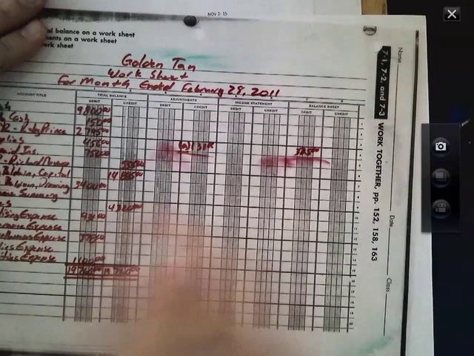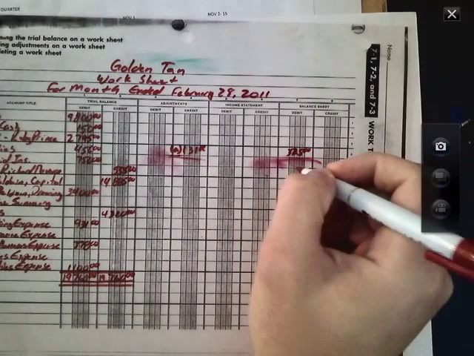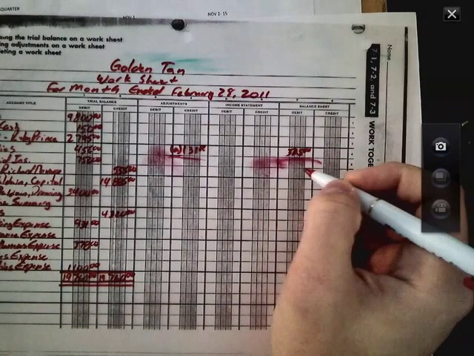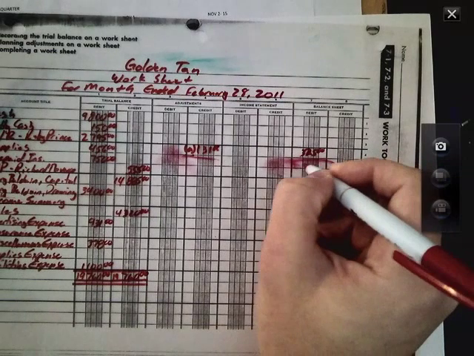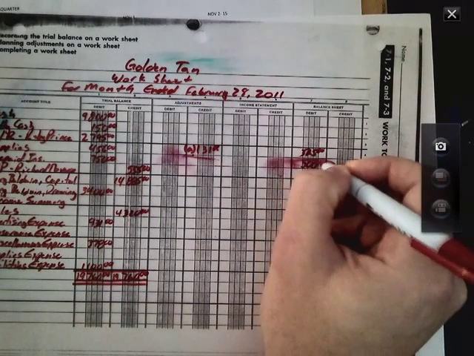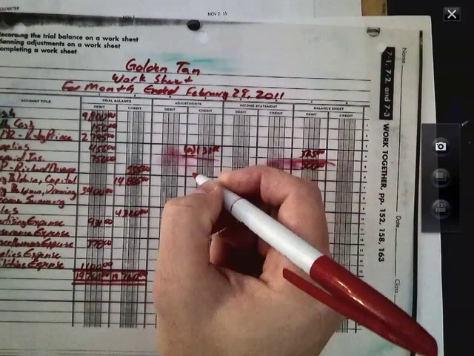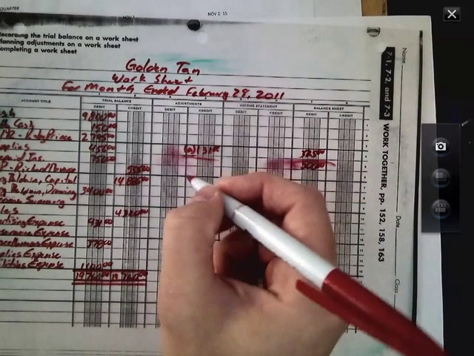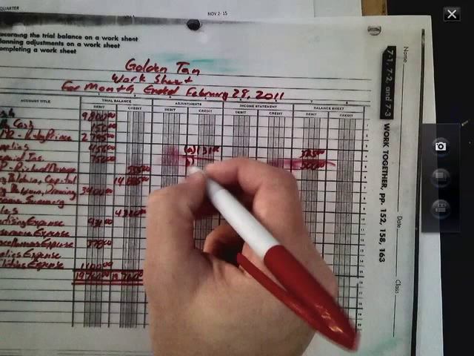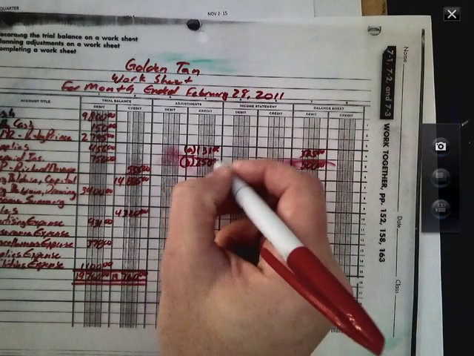All right. So the balance at the end of prepaid insurance is $500. So what would the difference be? 250, so we're going to put a B here, and that's 250 credit.